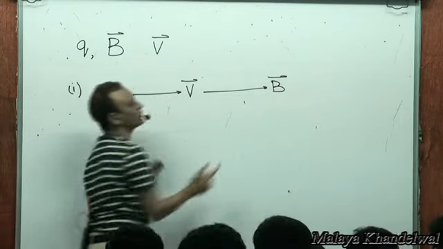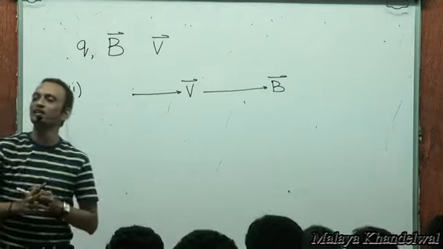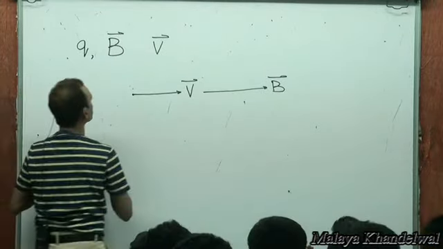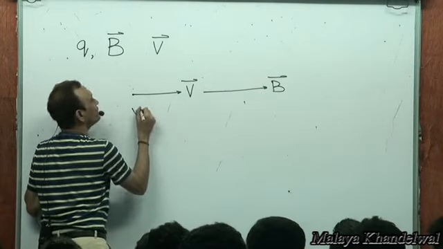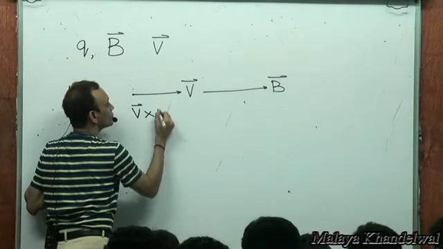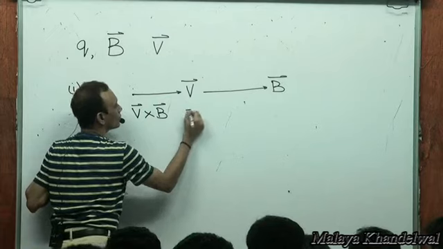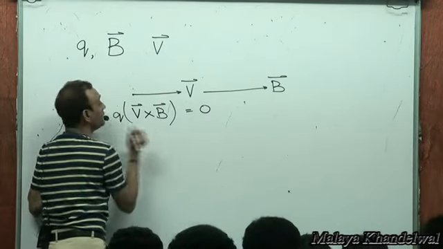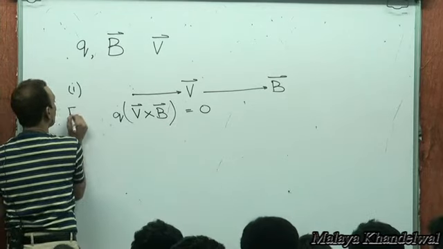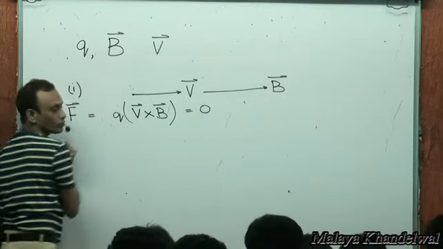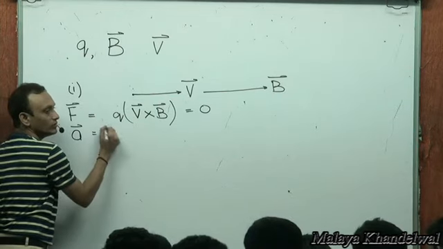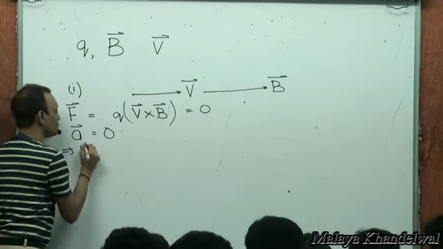If they are parallel, the angle between them would be 0. If they are anti-parallel, it's going to be pi. So parallel or anti-parallel, very clearly V cross B will be 0. So Q into V cross B will be 0, right? That means the magnetic force acting will be 0. That means the acceleration of the particle will be 0. That means V will remain constant.